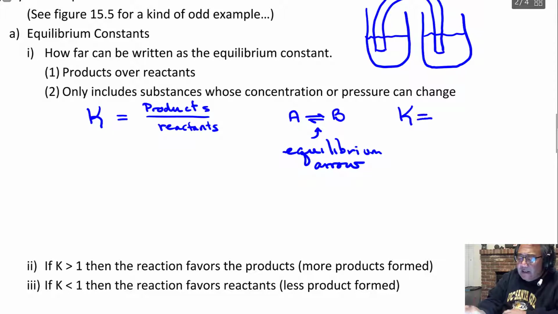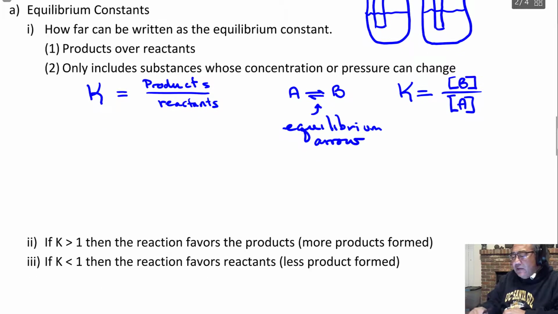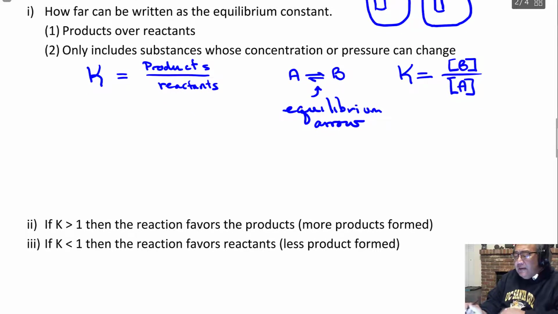K is equal to, and I'm going to show you this new symbol, these brackets, B over A. And this bracket represents a new unit. And you don't need to do anything with it. I just want you to know what it is. You'll learn how to deal with this unit later. But it simply means this. This bracket means moles in a liter.